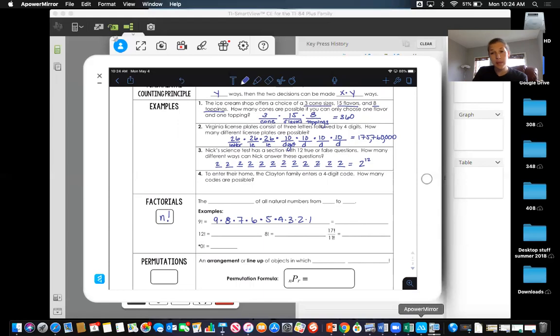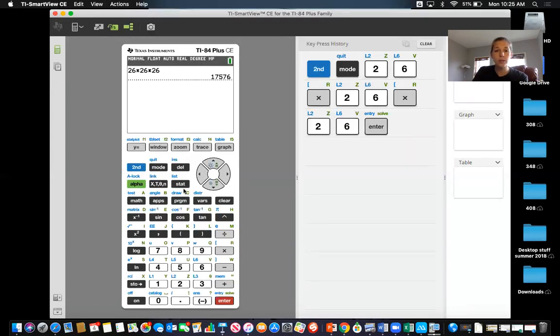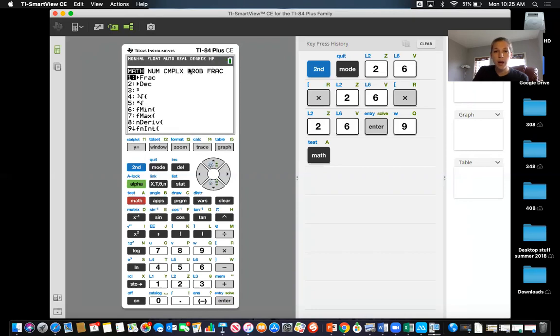Now this would be a lot for us to multiply, so let's go to our calculators. What I want you to hit is I want you to enter in 9, and then I want you to hit your math button. And we're going to be focused right here on our probability menu because we are in our probability unit. So let's scroll over into our probability.